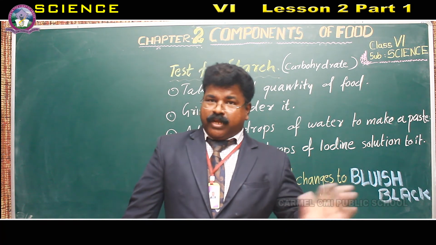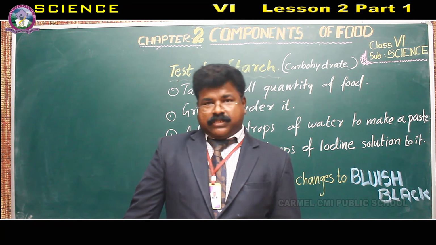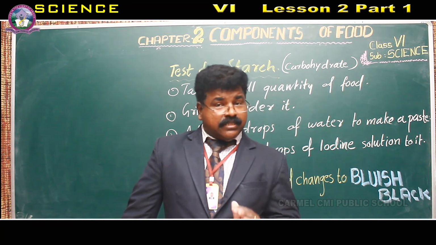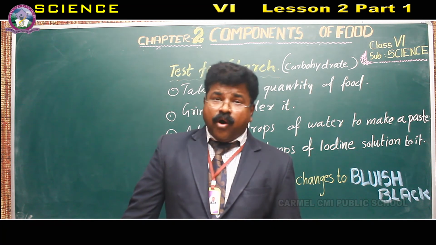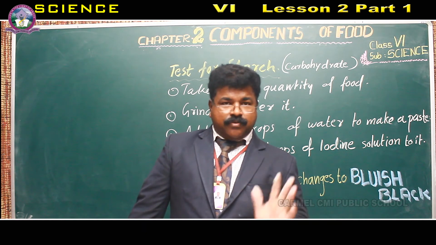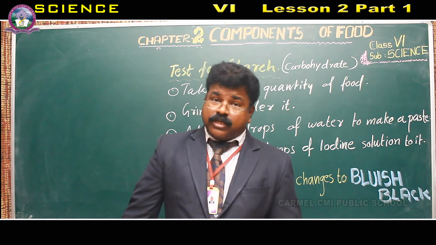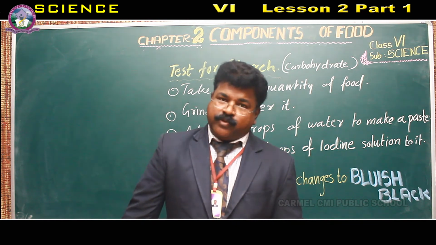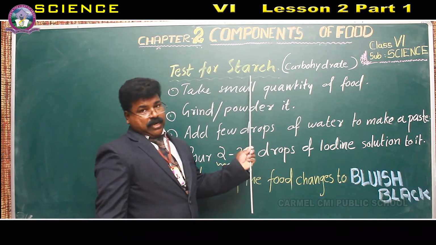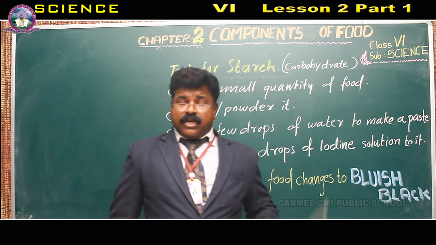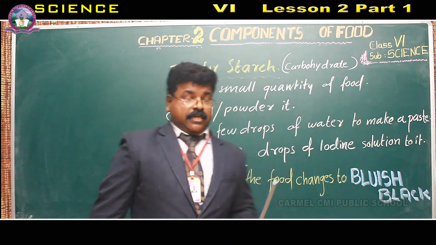That will be stored in the plant body in the form of starch. Starch is nothing but another form of carbohydrate. Then what are the other two forms of carbohydrate? Sugar and starch. That's why I wrote here starch. Okay. So test for starch is nothing but test for carbohydrate.